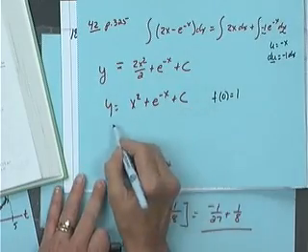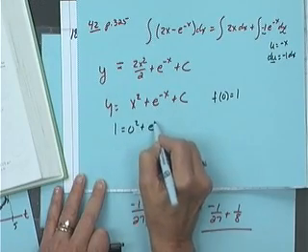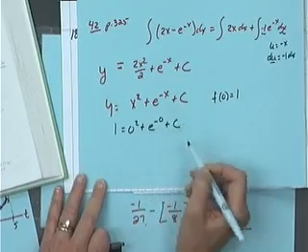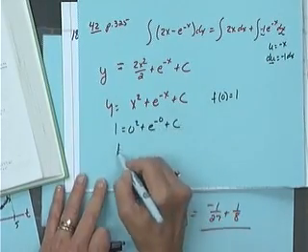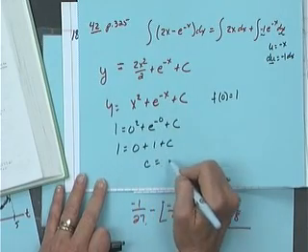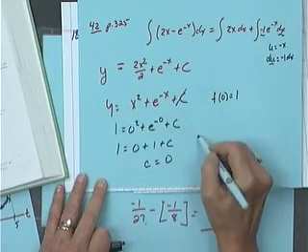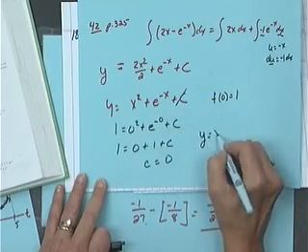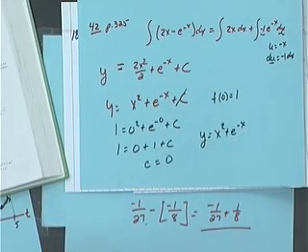So when x is 0, y is 1, so 1 equals 0 squared plus e to the minus 0 plus c. And what's e to the 0? 1. So I get 1 equals 0 plus 1 plus c. So in my case, c is equal to 0. So the particular function I want is y equals x squared plus e to the minus x.